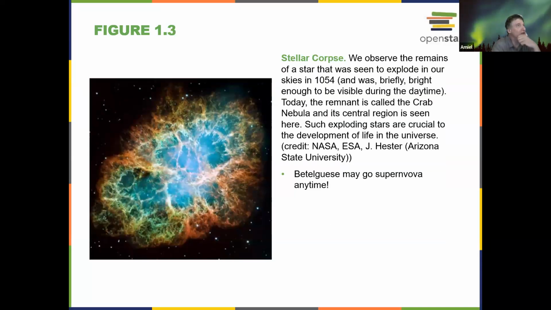What you're seeing here is the remains of an exploded star. Supernova event that was seen by the Chinese as this big explosion in the year 1054. They recorded it. Perhaps the earliest known example of a supernova explosion that gave rise to something called the Crab Nebula.